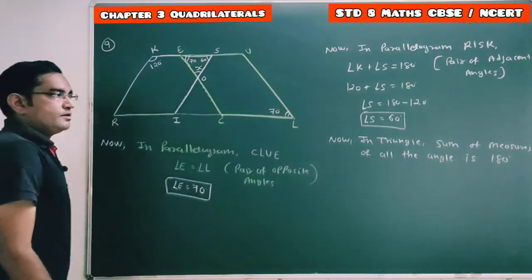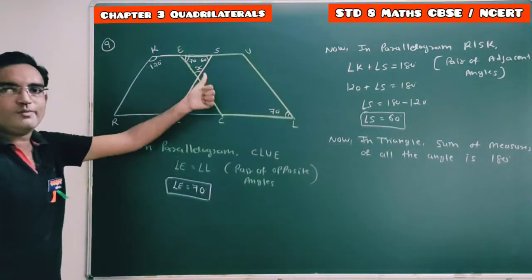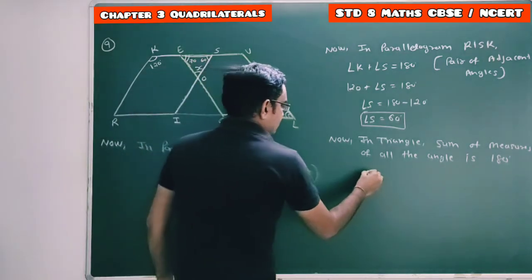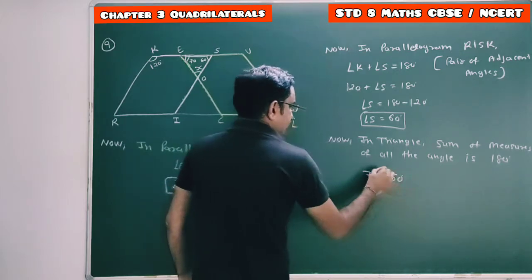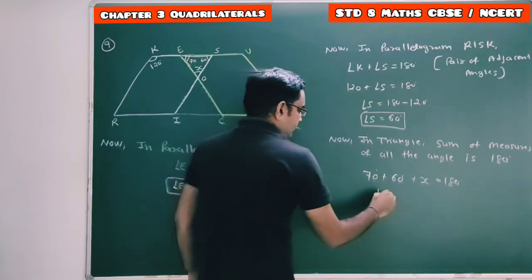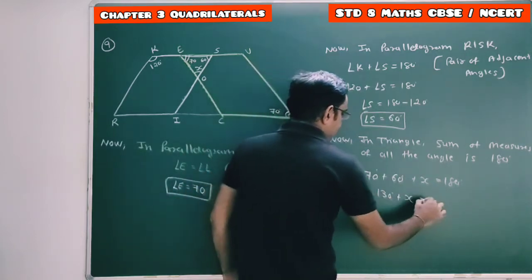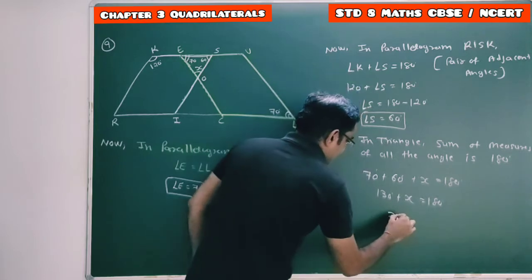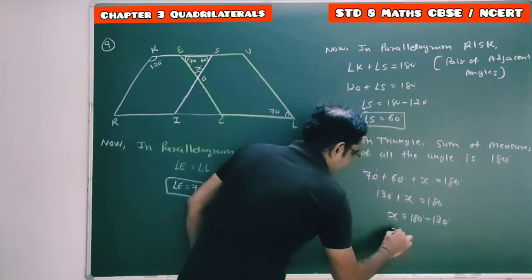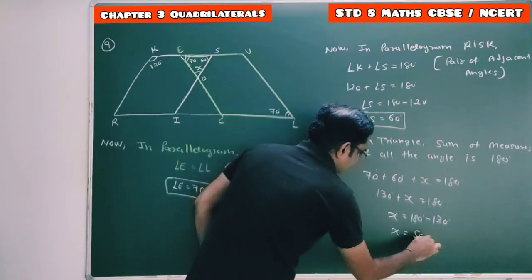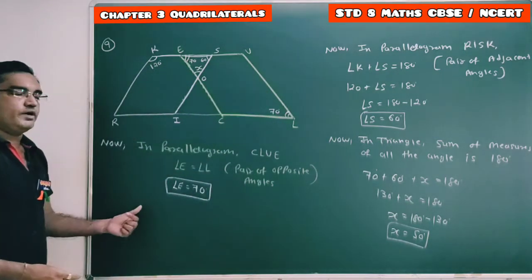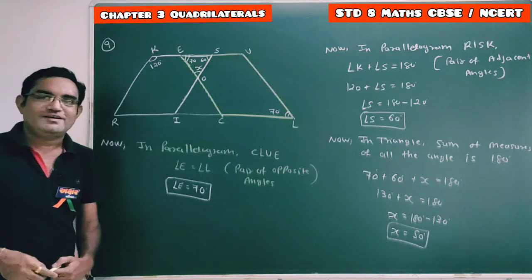Angle sum property of triangle: sum of measure of all the interior angles of a triangle is 180 degrees. So 70 plus 60 degrees plus x equals 180 degrees. So 130 degrees plus x equals 180 degrees. So x will be 180 degrees minus 130 degrees. So x is 50 degrees. So value of x is 50 degrees. Clear? So very good question. So pause this video and note it down.